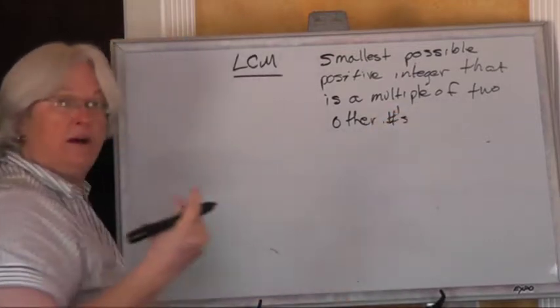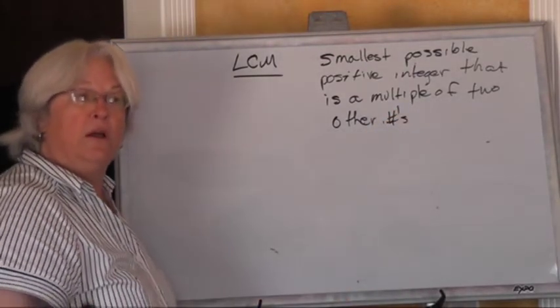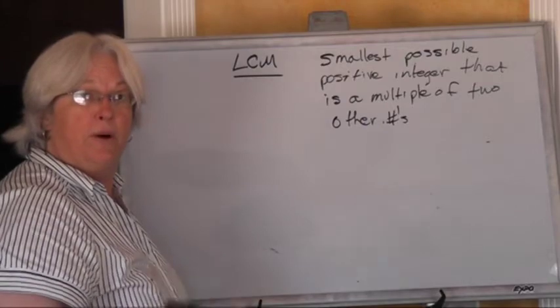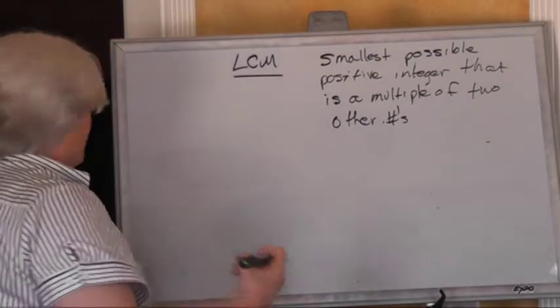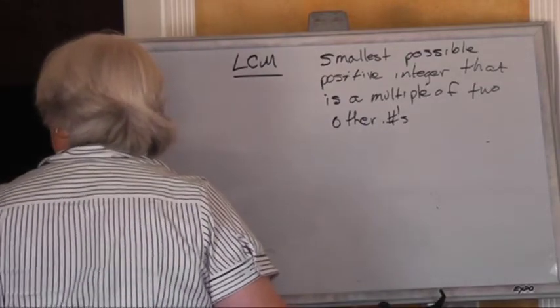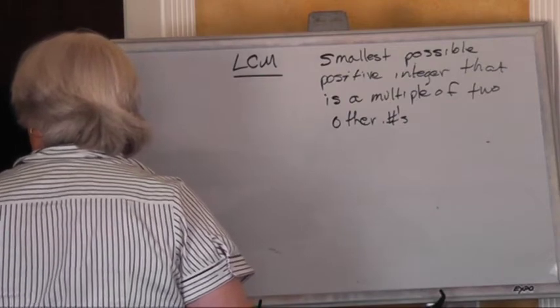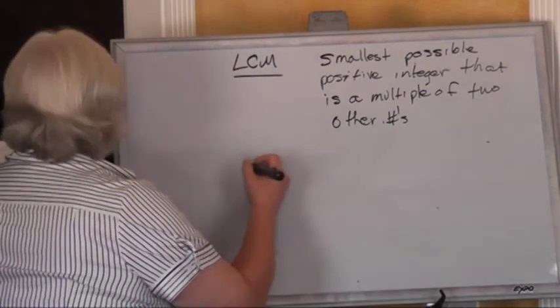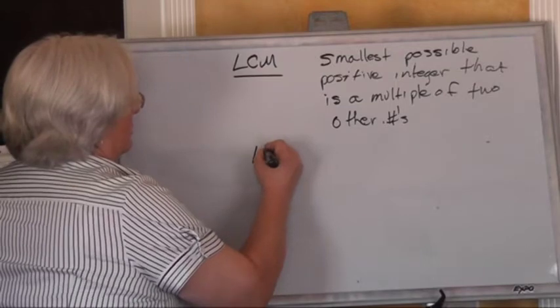What's nice about finding the least common multiple and the greatest common factor is that both of them involve prime factorization. So example 3 says find the least common multiple of 12 and 42.